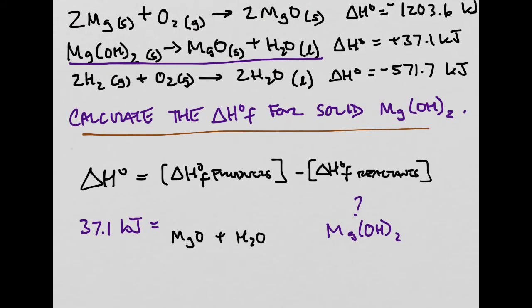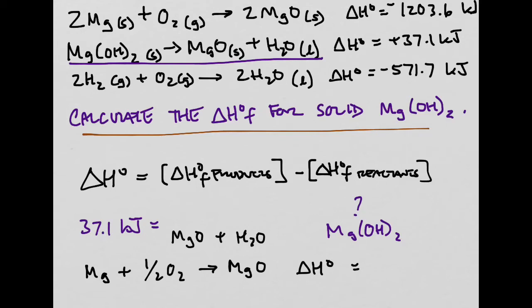In other words, I'm going to convert this first equation here by dividing it all through by 2. I'm going to make it 1 Mg plus 1/2 O2 yields 1 MgO. And of course, since I divided all that by 2, I have to divide my standard enthalpy there by 2 as well.